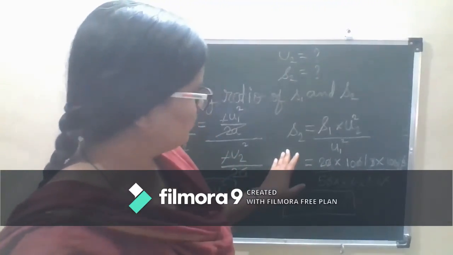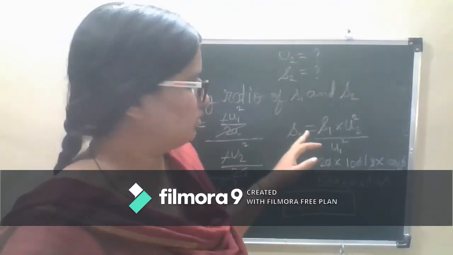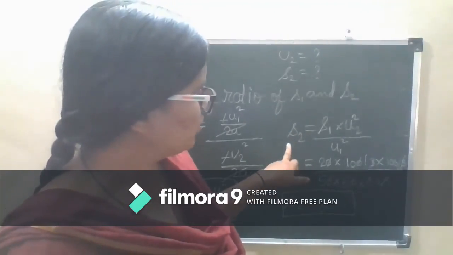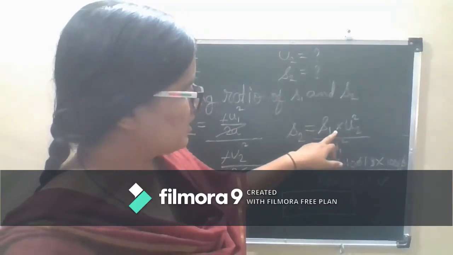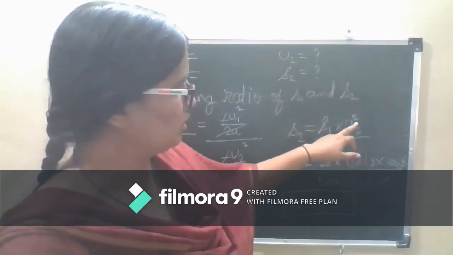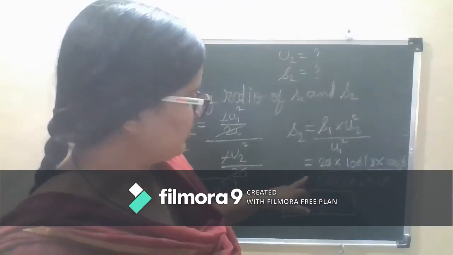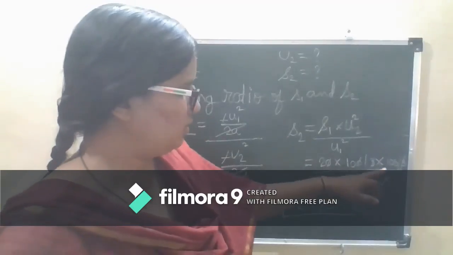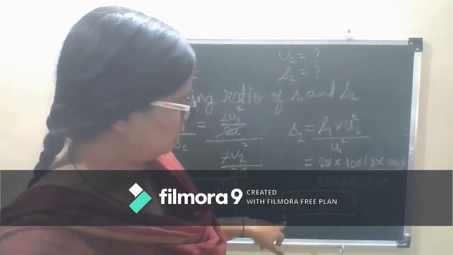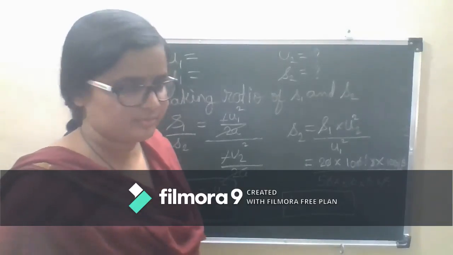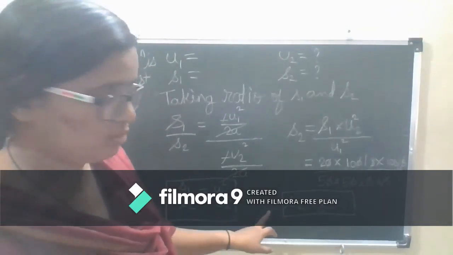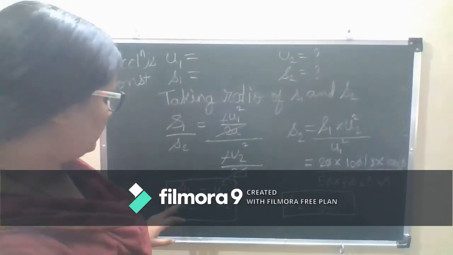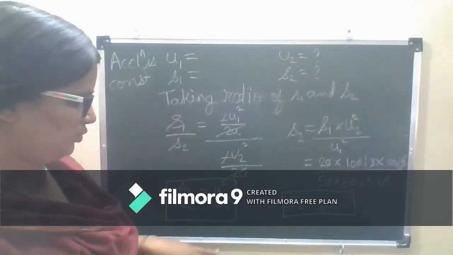As we have to find the stopping distance, the formula we noted earlier is s2 equal to s1 into u2 whole square upon u1 square. The value of u2 is 100 by 3, and s2 is 80 meter. So for this problem the answer is 80 meter, and this is the formula.